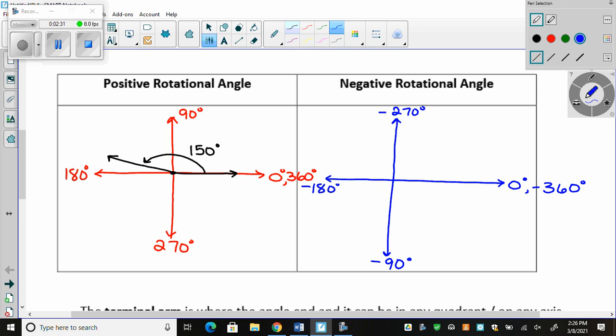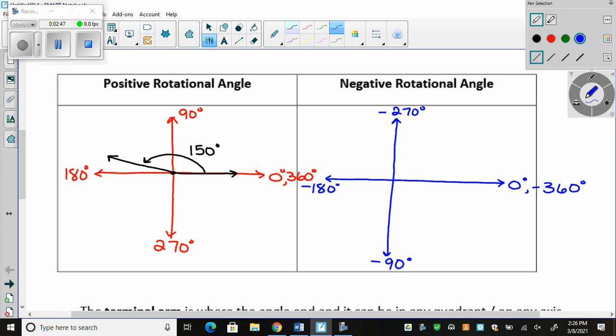What angle will get me to terminate on 150 on the same arm? Negative 180. Wait. Well, negative, yeah, negative 210. Because we would want to be 30 more than this, right?